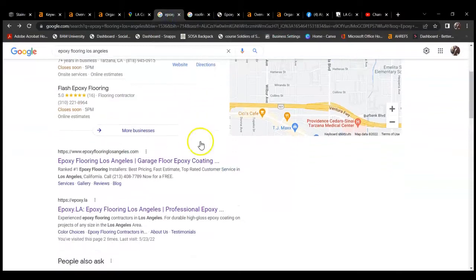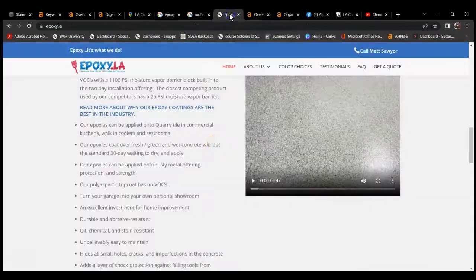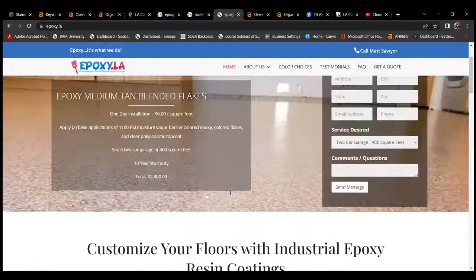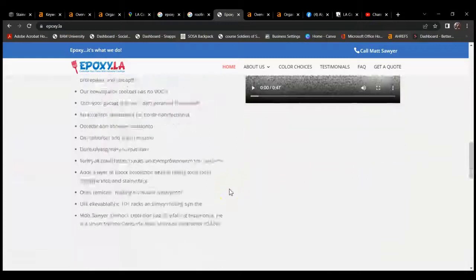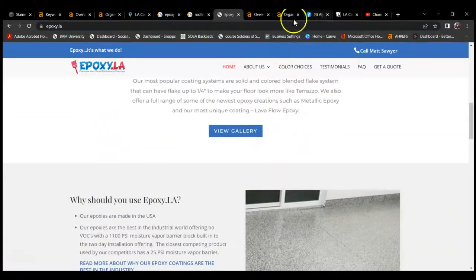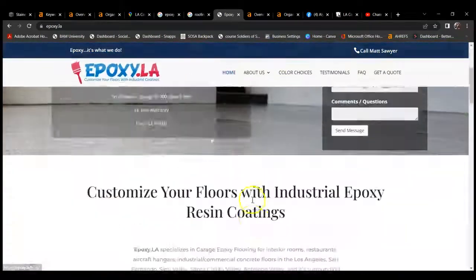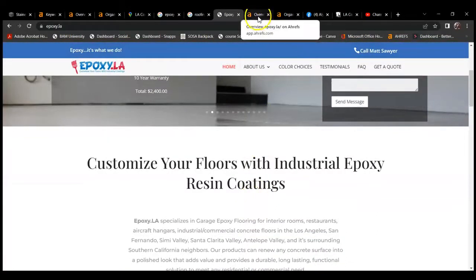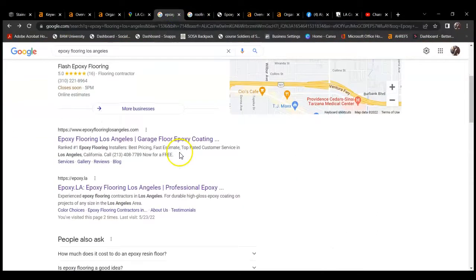So I chose these guys right here, epoxy.la. This is their website. They have quite a bit more content, it seems, and not as many pictures, but still. They are ranking high enough to be number 2 for this particular keyword.